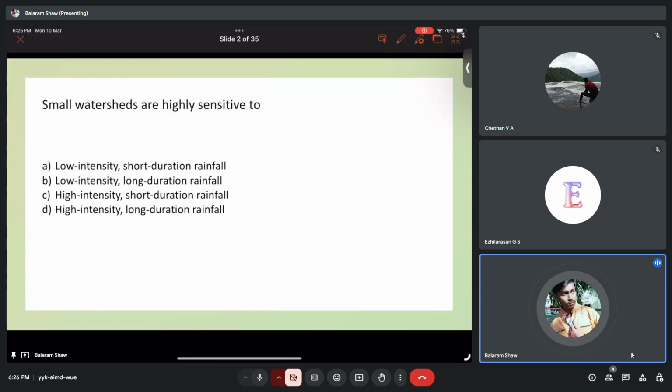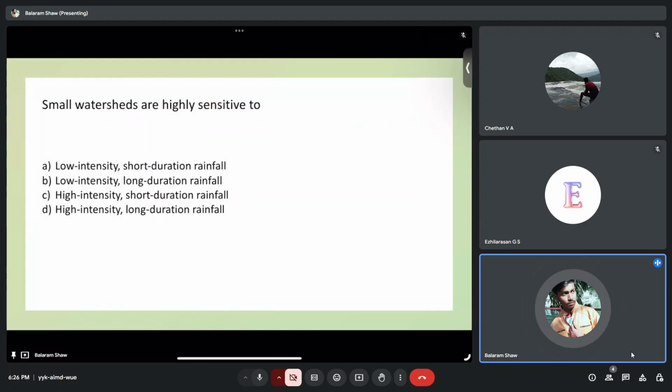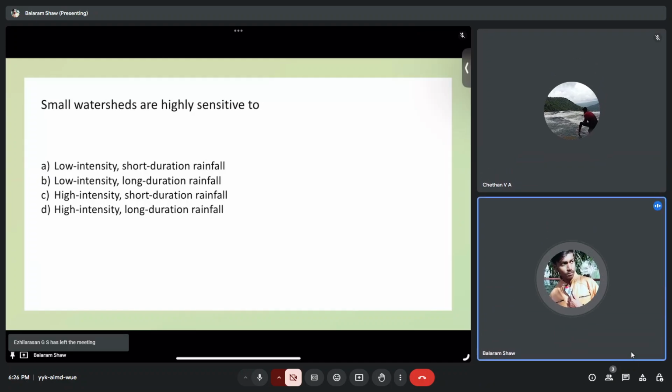The first question is, small watersheds are highly sensitive to, just now we have discussed this, can you tell me any guesses? We have small watersheds, and here we are talking about rainfall. If we have a low intensity rainfall, the small watershed can accumulate very slowly, and then the response will be seen.